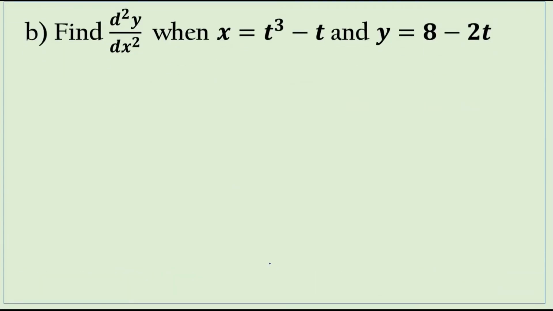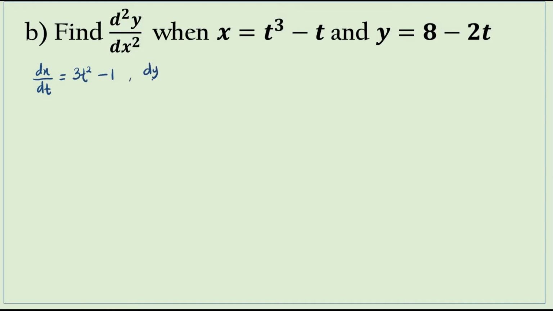Let's do another example. For this situation, we have x equal to t cubed minus t and y is 8 minus 2t. For the first part, same as before, we find the first derivative. For our x equation, dx/dt is equal to 3t squared minus 1.